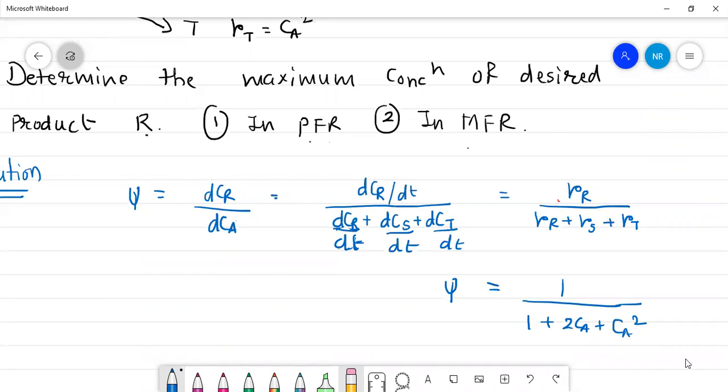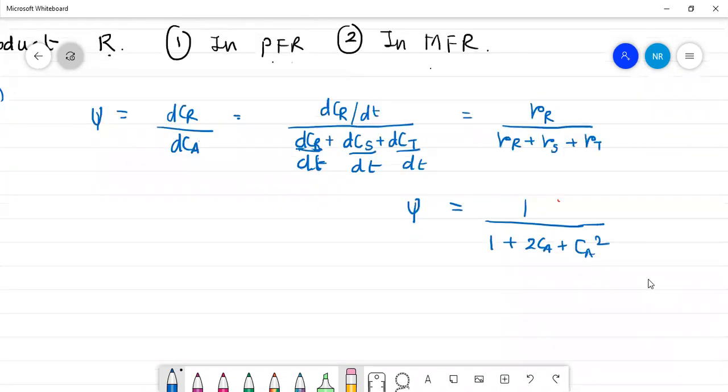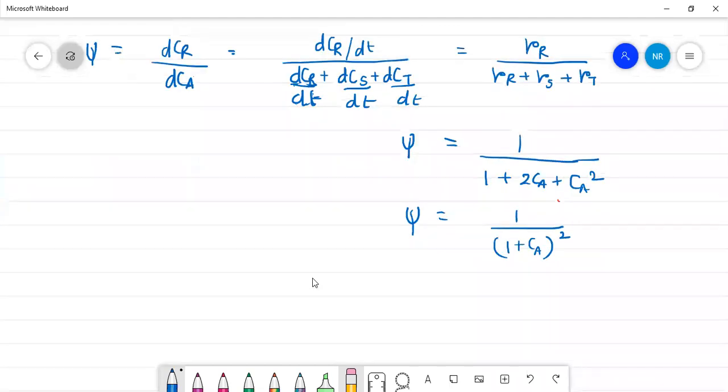So now I can write down this equation like this: 1 divided by 1 plus CA square, 1 divided by 1 plus CA square. What should I do now to calculate CRF?